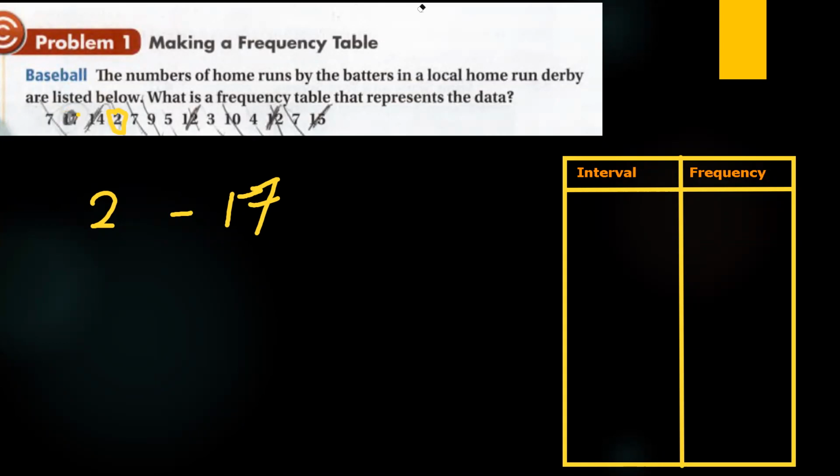Then here now, from 2 to 17. How many numbers are between 2 and 17? 16, exactly. Remember the formula that I gave to you: maximum minus minimum plus 1. So you say 17 minus 2 plus 1, which is 16.